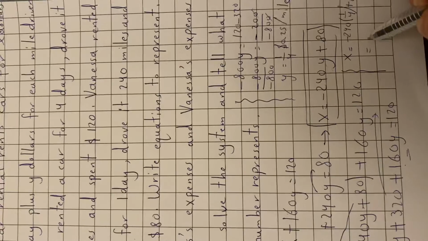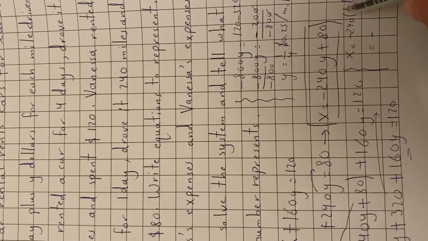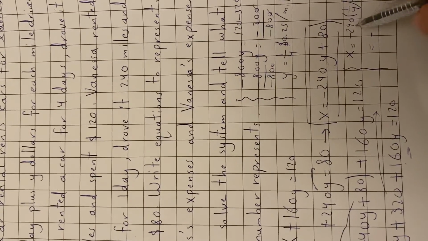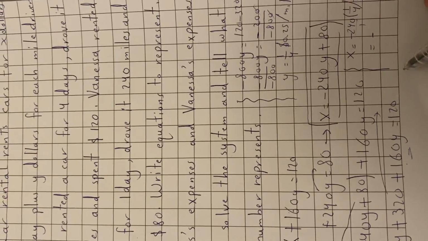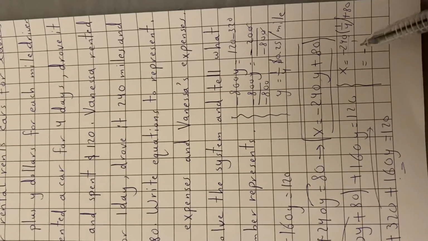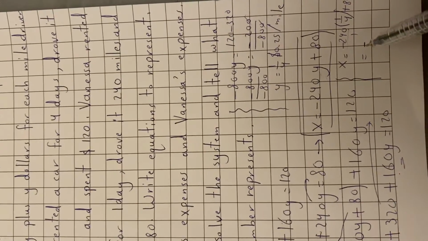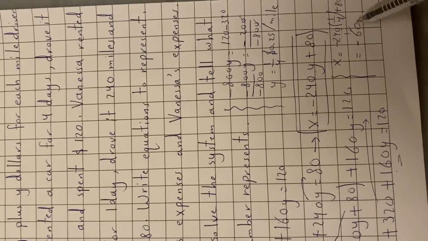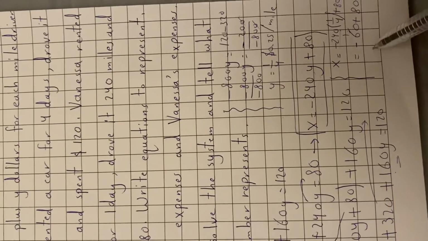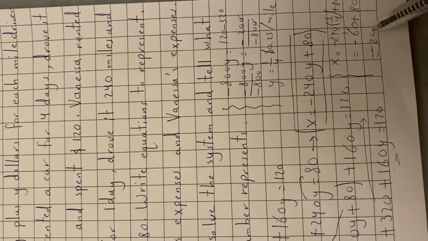Now negative 240 times 1 over 4, I can multiply them together over 1 even. It will give me negative 60 plus 80, which will give me 20.